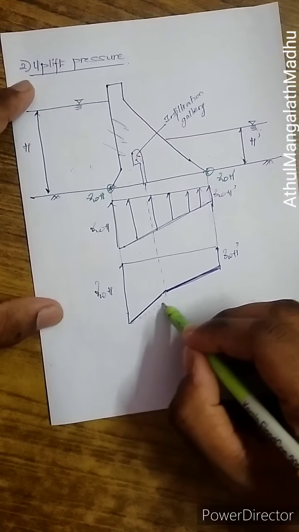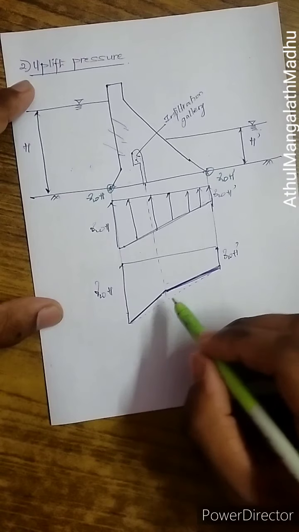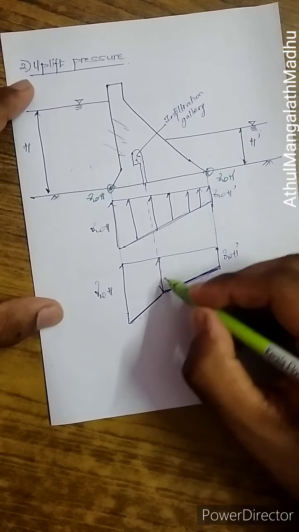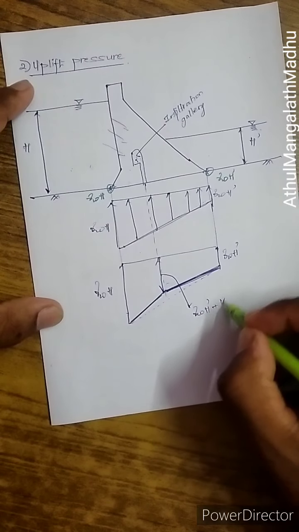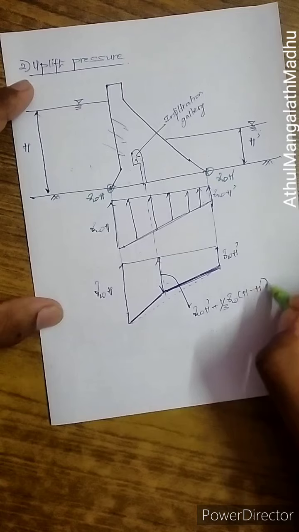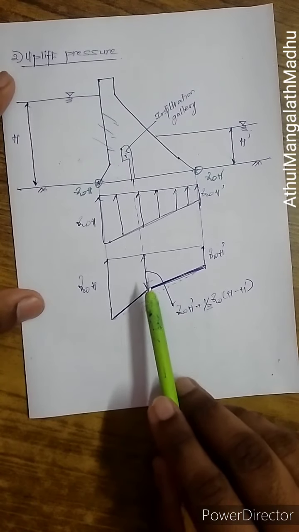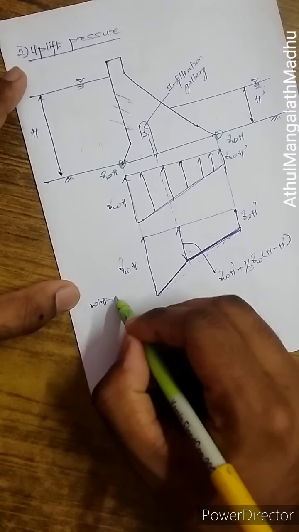Right now there's a reduction here, and this value of uplift is given by gamma w into h bar plus 1 by 3 gamma w into (h minus h bar). So this will be the uplift pressure with infiltration gallery.